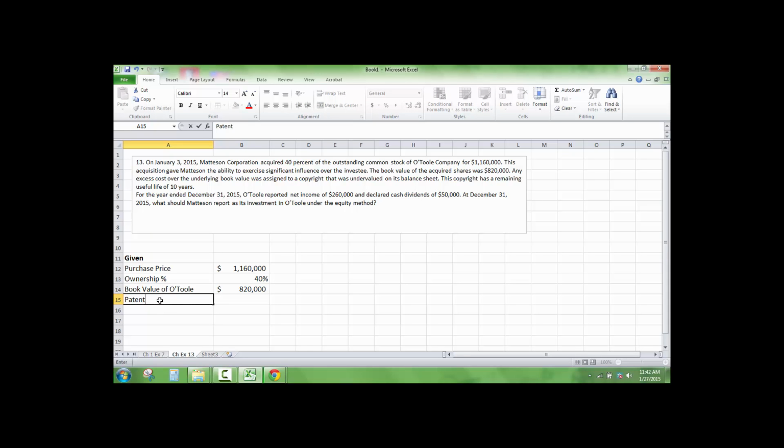Copyright useful life 10 years, and then we have O'Toole. So we're going to have their income, share of income, dividends, share of dividends.